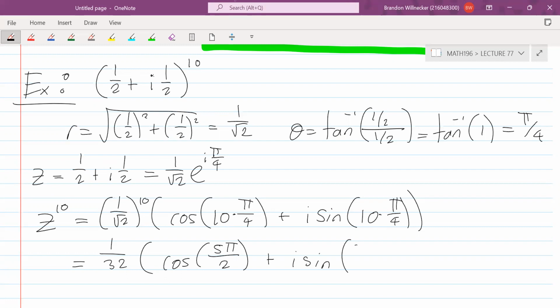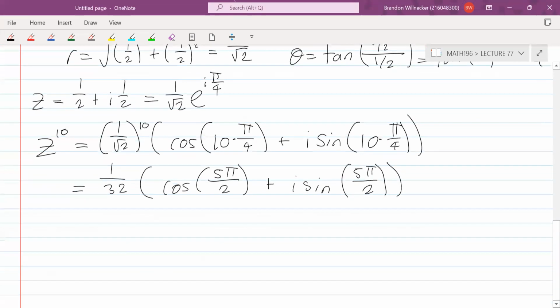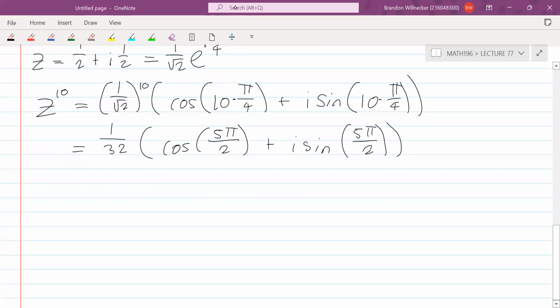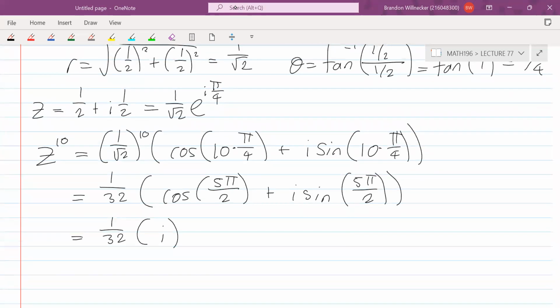That's going to be 5 pi over 2. Okay, and lastly, we can simplify this cos of 5 pi over 2 and sine of 5 pi over 2. We're going to get 1 over 32 times i. Okay, so it's just an imaginary component to this z to the 10. So there's no real part. Okay, just i over 32.